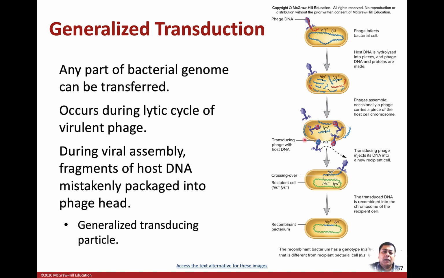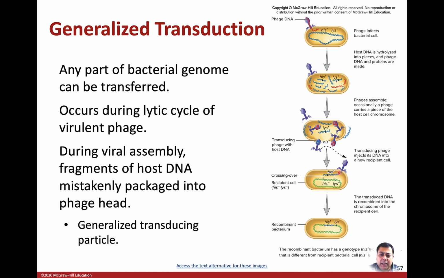So now the lytic cycle will lyse the cell, so all these bacteriophages will come out, and this particular bacteriophage, which is transduced with the host DNA, will come out and infect another new cell, and it will inject its own DNA, and this packaged the histidine plus genotype into its head.